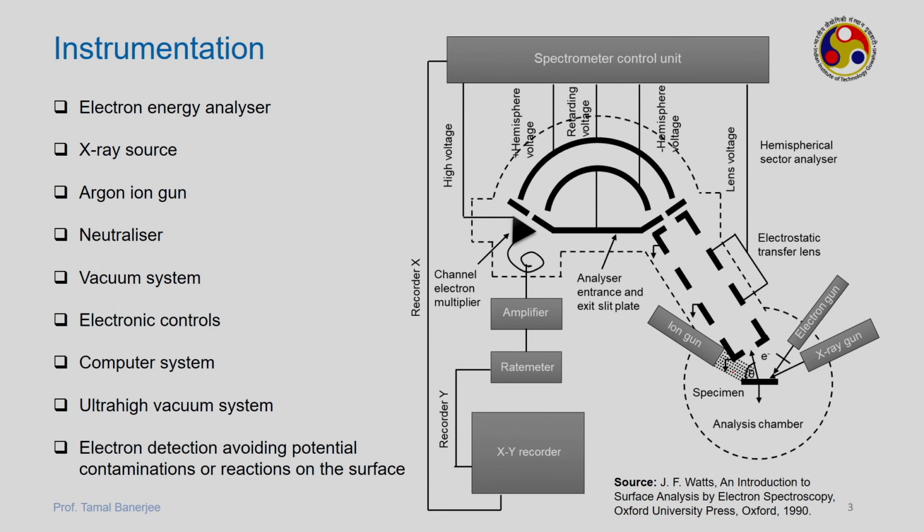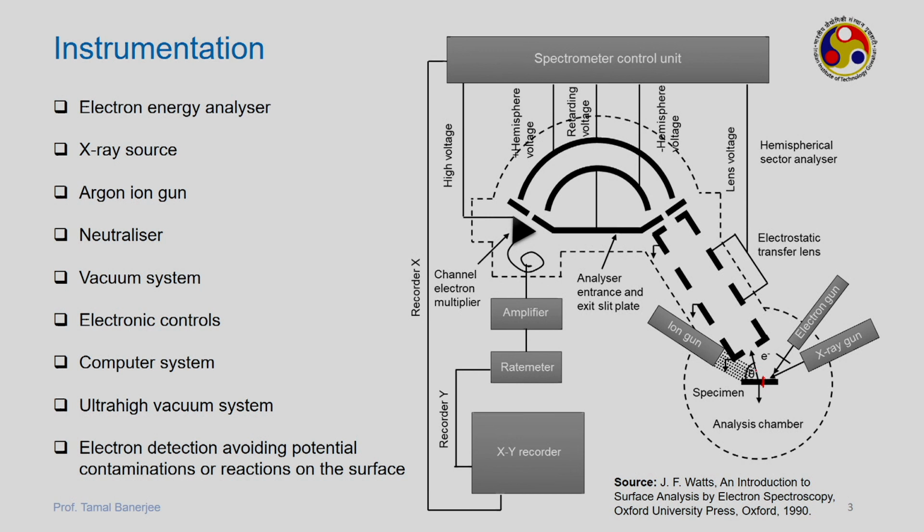Or, if you are working with a non-conducting material, you use the ion gun to make it conducting. You can also use the ion gun for depth profiling. What do we mean by depth profiling? The sample has a particular depth, and you keep removing electrons layer by layer and see the different binding energies. From there you can find out what elements are present across the layers of the specimen.